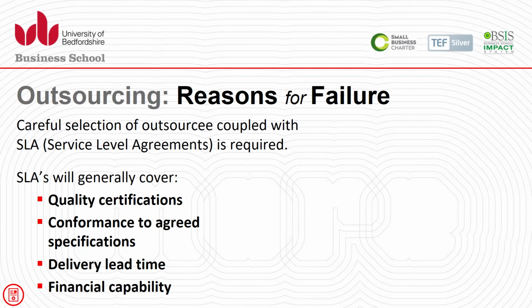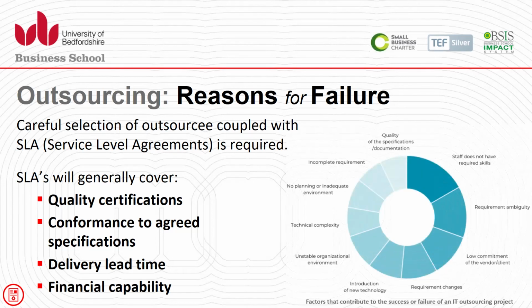We can also see here that careful selection of outsourcees coupled with the service level agreement basically requires the certification of the provider for quality assurance and also conformance to agreed specification, time, lead time, delivery, and financial capability. These can be some of the important points to be taken into consideration to avoid failure in outsourcing.